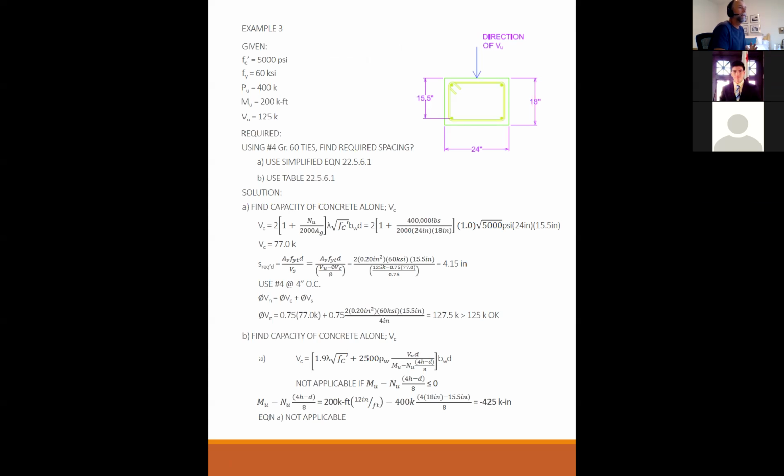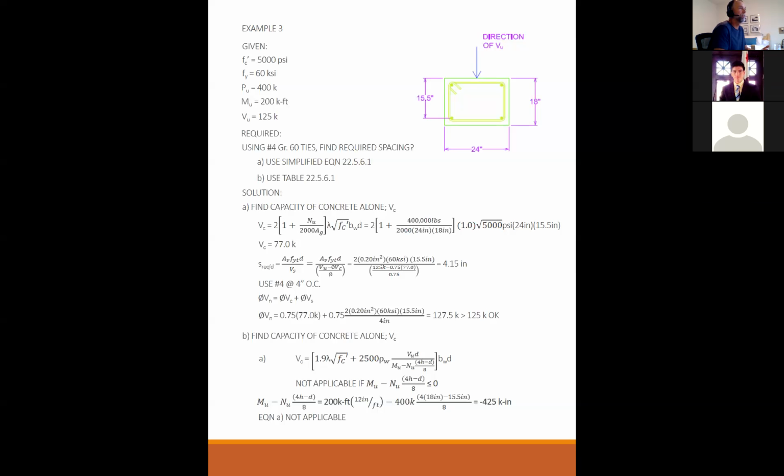The reason I think they didn't write the equation with Pu, they wrote the equation with Nu, is because generally in concrete design, if it's compression, we say Pu is equal to 600 kips. That's 600 kips of compression. But if we have net tension, we say Tu is 600 kips of tension.